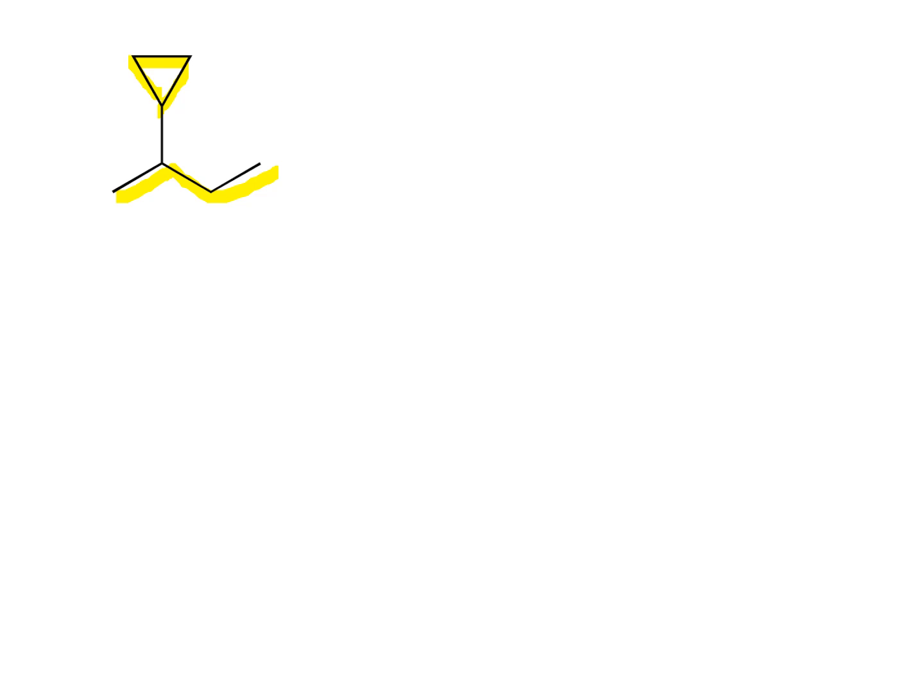So being 4 larger than 3, this is going to be a butane that has a substituent, let's say a branch, in position 2, right? Because we give number 1 here and number 2 here, so that the substituent has the lowest possible value. So this is going to be 2-cyclopropylbutane.